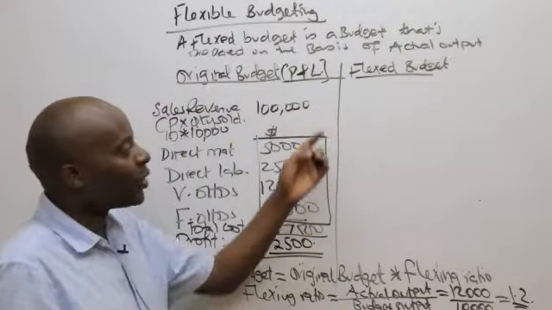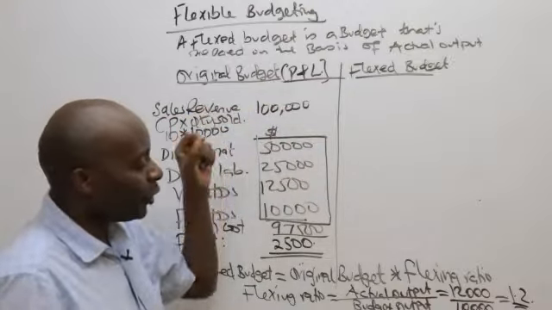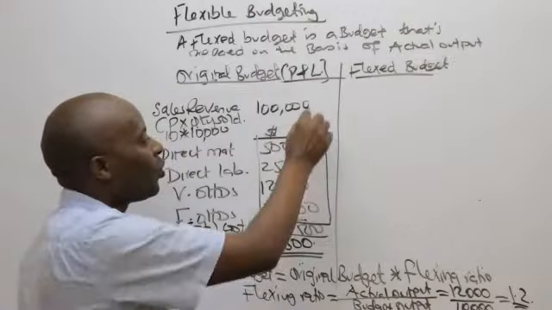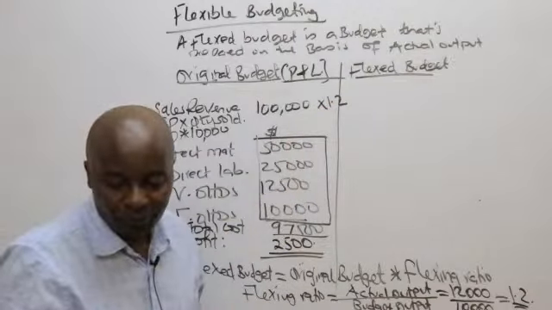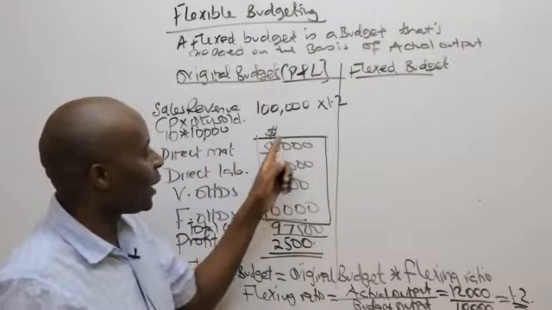So to flex my budget, I'll be taking the figures that we have here multiplied by this flexing ratio. So we have here this 100,000 times 1.2. We have direct materials 50,000 times 1.2.